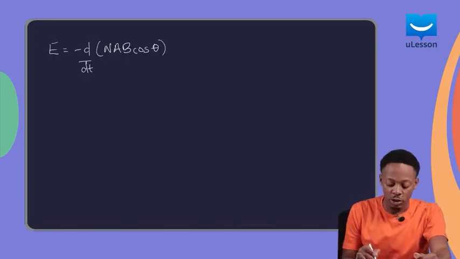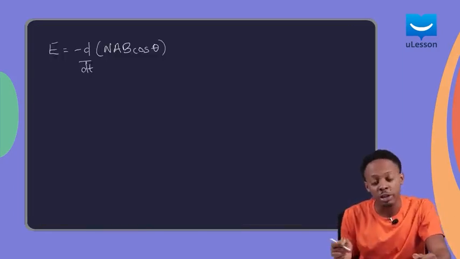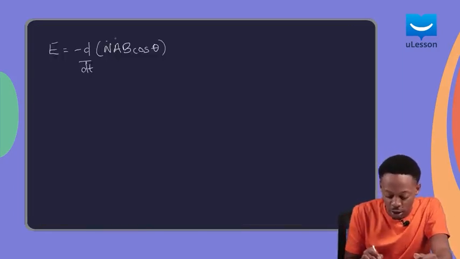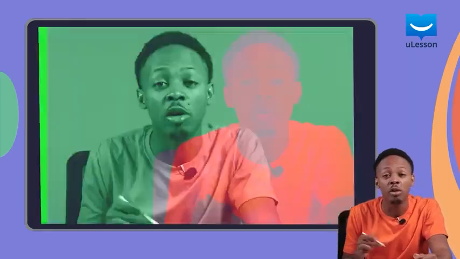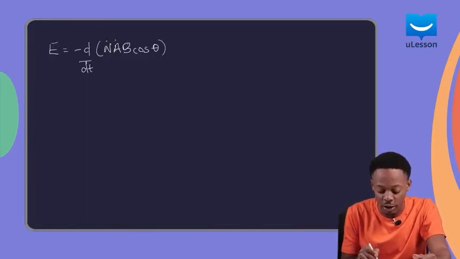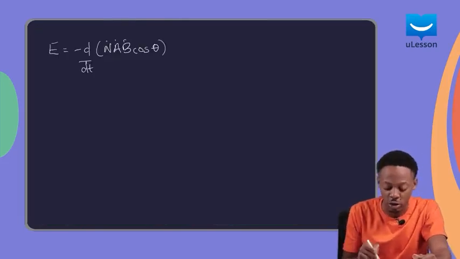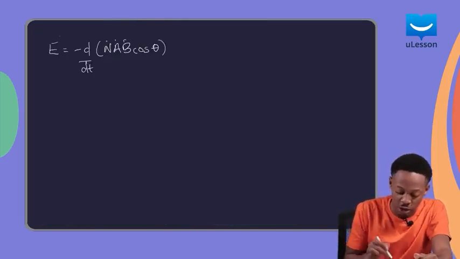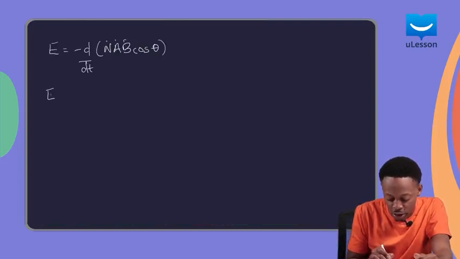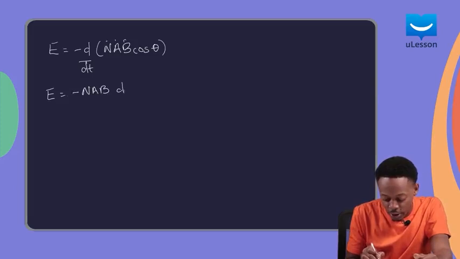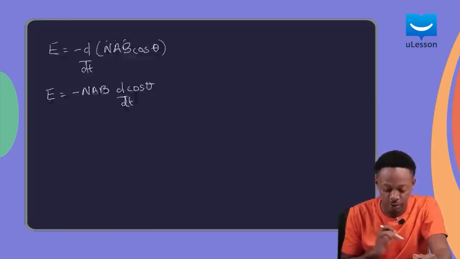So from here, we'll differentiate. N, the number of coils, A, the area, and B, the magnetic field intensity, are all constants in this case, so we take them out. What we'll have is E is equal to minus NAB d cosine theta over dt.